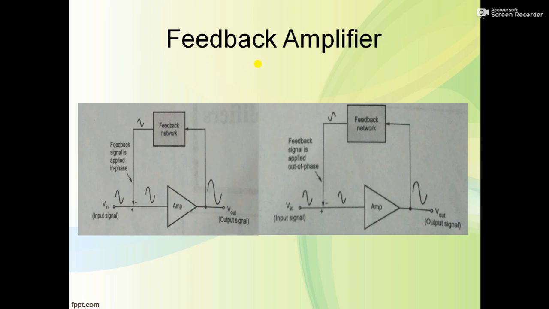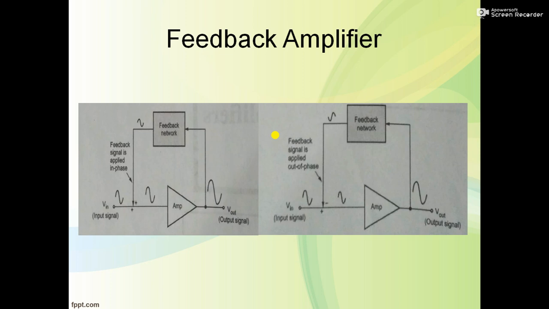The main advantages of this feedback are that we can stabilize and maintain a constant voltage gain, we can reduce the distortion in the amplification process, and we can manage the values of input and output impedance.